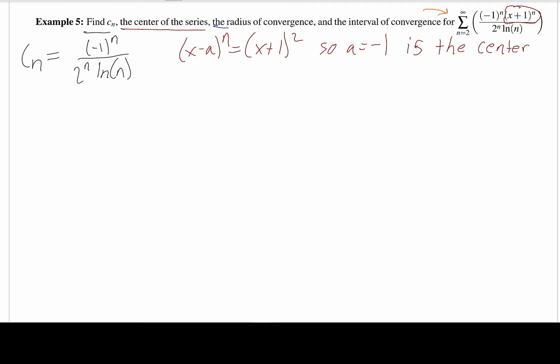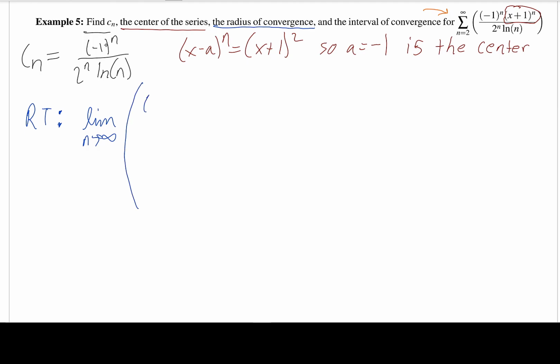So now let's look at the radius of convergence of this thing. Well, noticing that I have this 2 to the n, it makes me think that we should do the ratio test here, which is exactly what I'll do. Now, when we do the ratio test, we're going to get the limit as n goes to infinity.